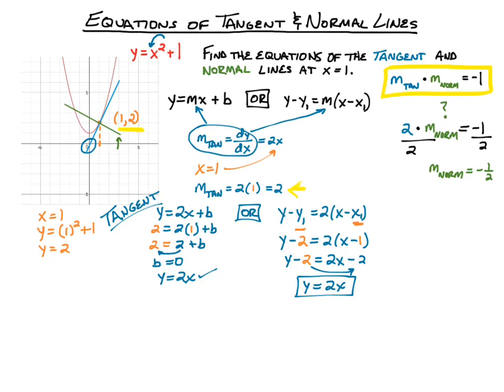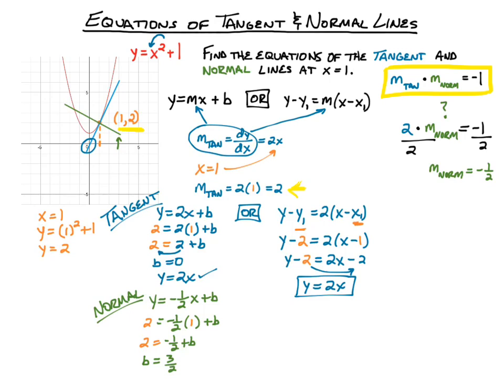But let's find our actual equation for it. So the normal line, y equals -1/2 x plus b. Solve for our intercept and plug in our point. Distribute that -1/2, bring the -1/2 to the other side of the equation.